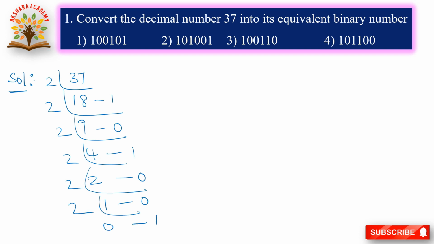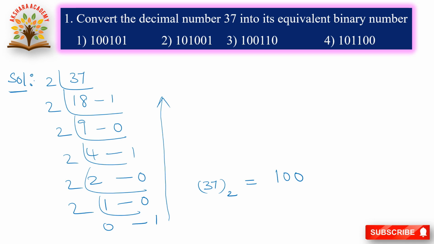Here, from bottom to top we have to write the binary number for decimal number 37. So 37 is equal to 100101 base 2.